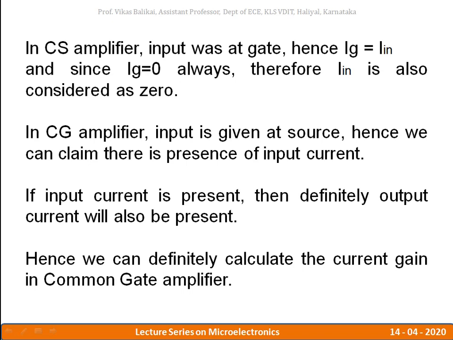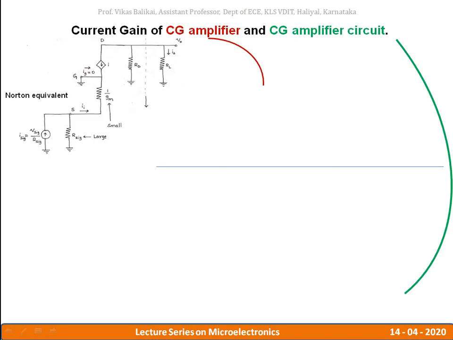And if both input current and output current are present, I can calculate the current gain of that amplifier configuration. In the common gate amplifier configuration, I can calculate the current gain, which means I can utilize the common gate amplifier as a current amplifier. So that's what I am going to calculate over here and figure out how it can be utilized as a current amplifier.